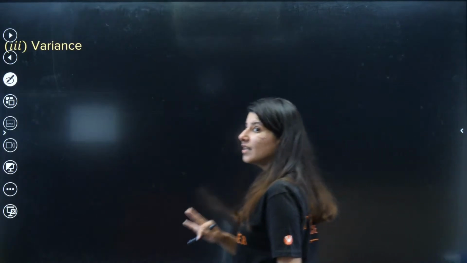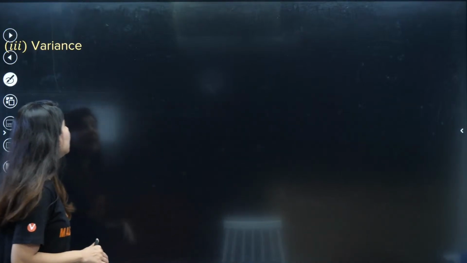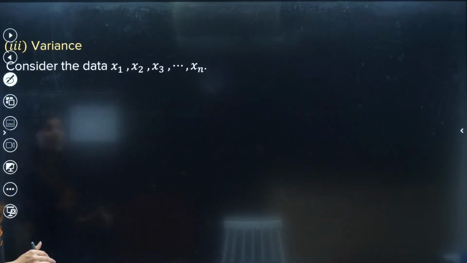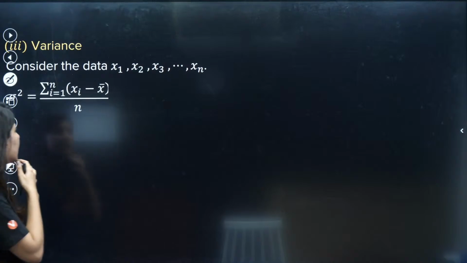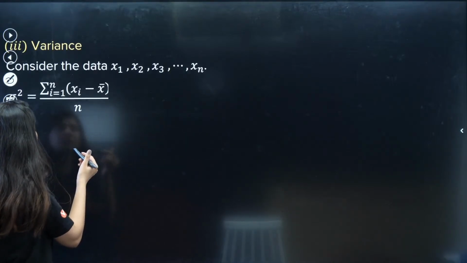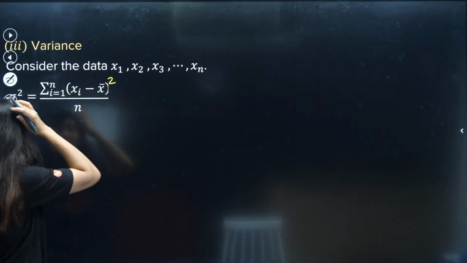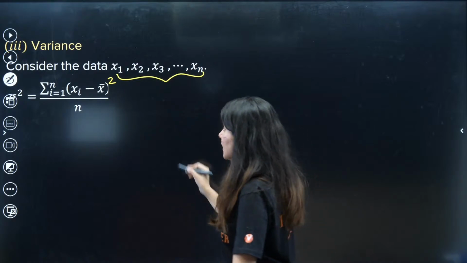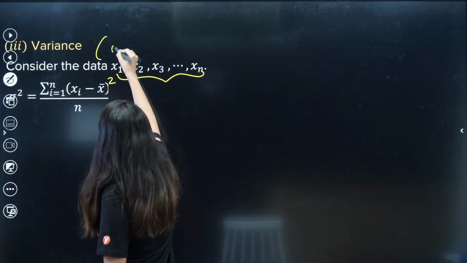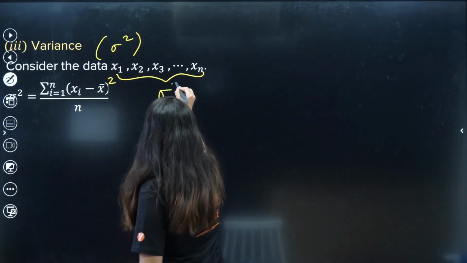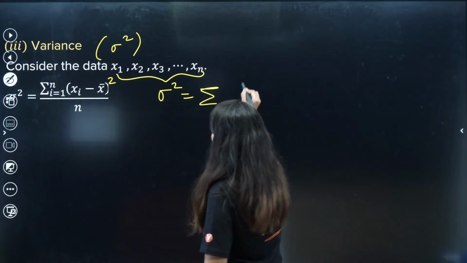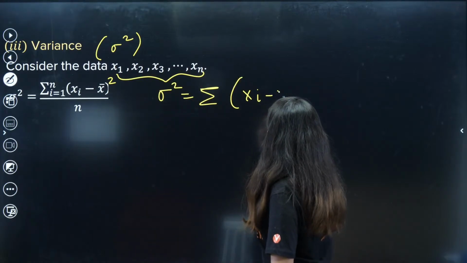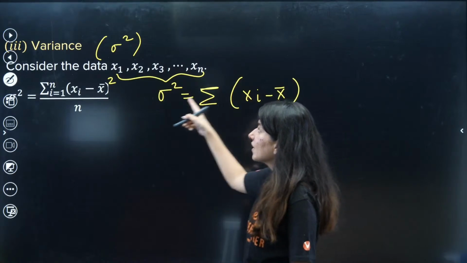Let's talk about the third thing, which is variance. And the formula for variance is nothing but this, right? A square is here. Suppose you have n observations. So variance, which is nothing but sigma square, is sigma of xi minus x bar. Now this is very specific.